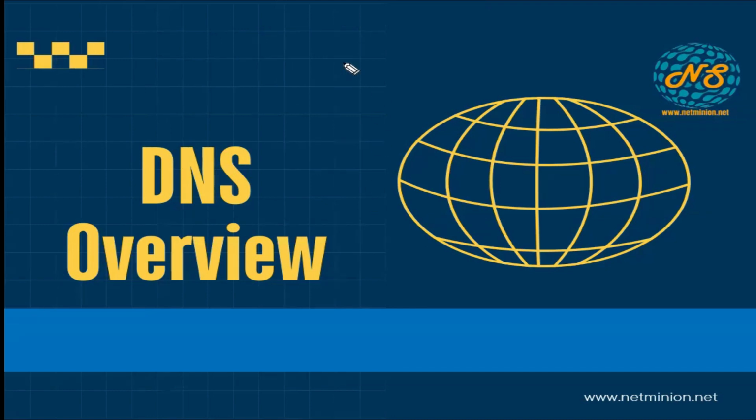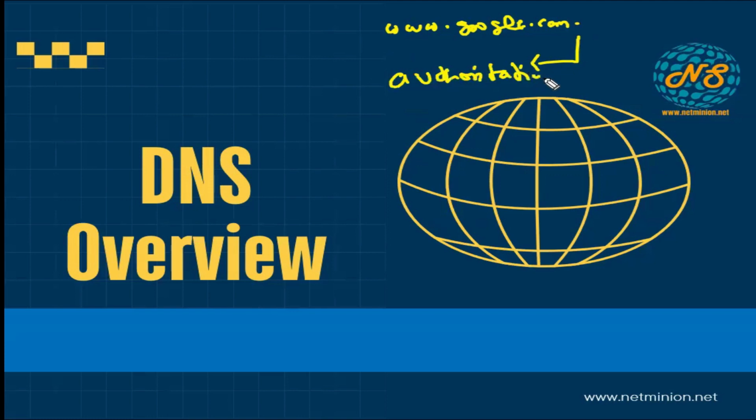Root server is nothing but, as I was mentioning, www.google.com and then the dot is there, right? It is the root. So a root server is again a critical component of your DNS infrastructure, or you can say an authoritative name server for the DNS root zone.